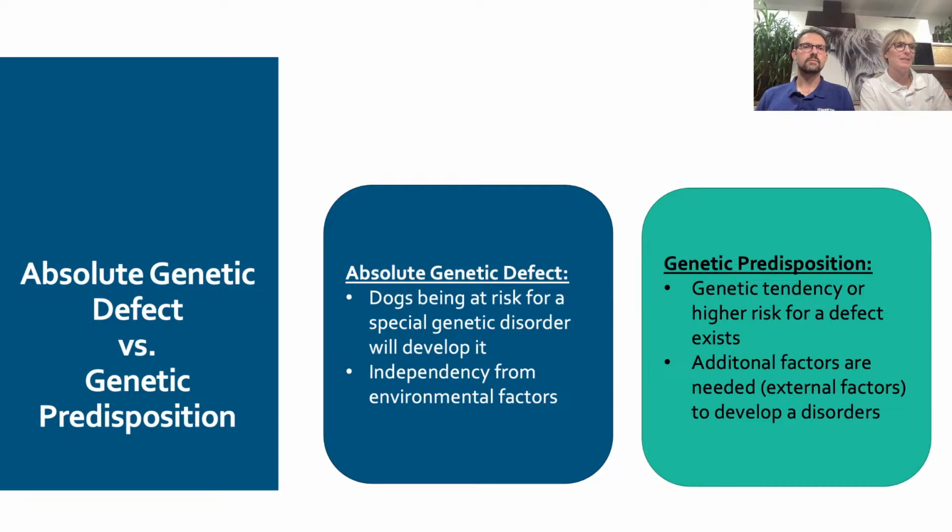But even if a dog has a genetic risk in its DNA, it doesn't mean the dog must develop the disorder in any case. And I would say these genetic predispositions are the most difficult to handle for a breeder. For that reason, I think we have to think in a different way. So how can we avoid developing such disorders?